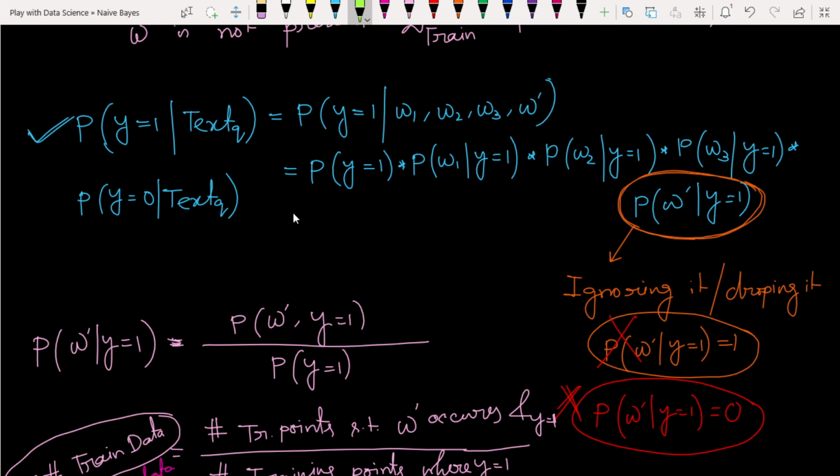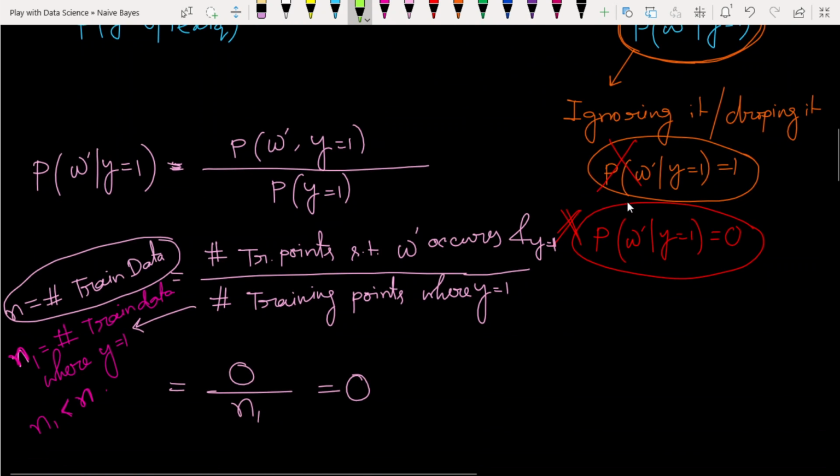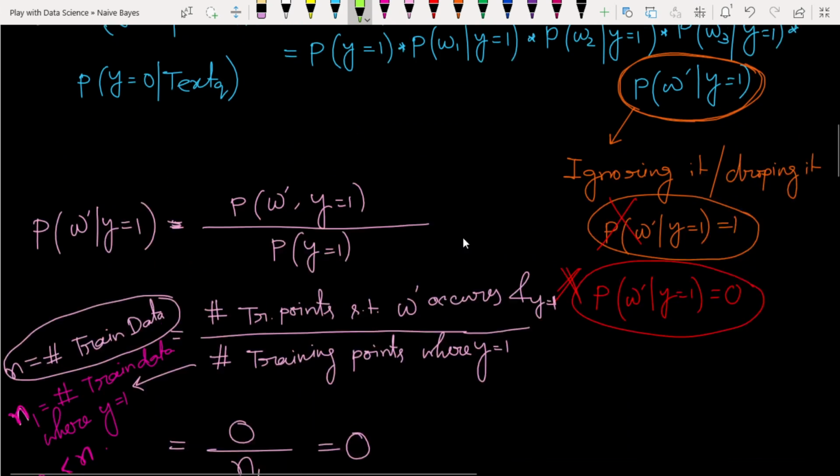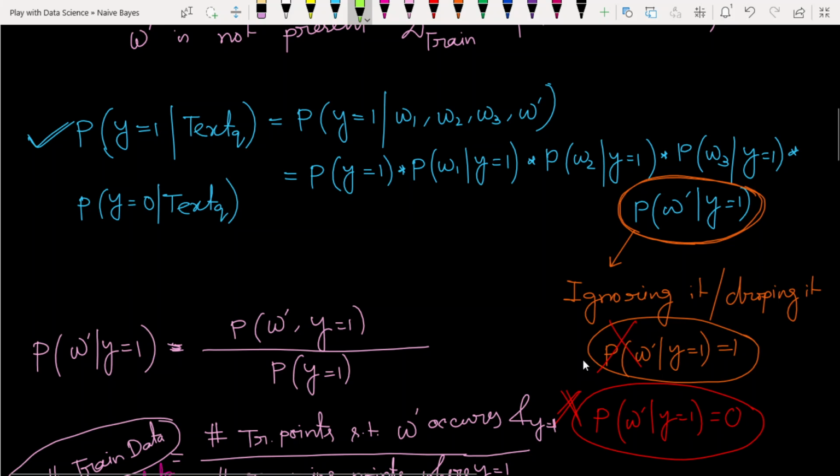If we just ignore it, for example dropping this likelihood probability for the unknown word, it is not a true assumption. Or if we take the zero value, then our total likelihood probability will be zero. This is also totally wrong.